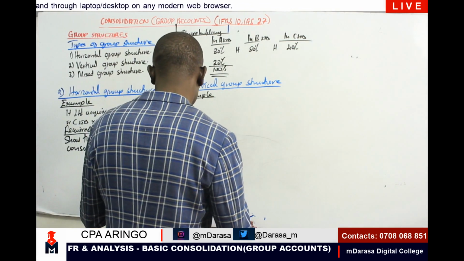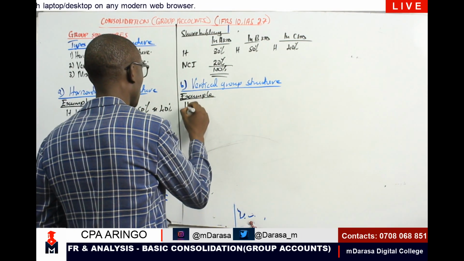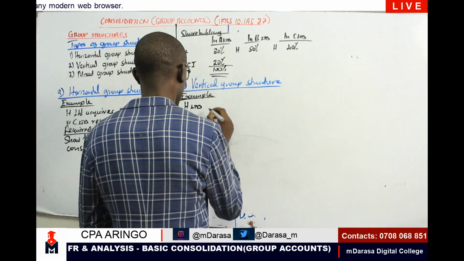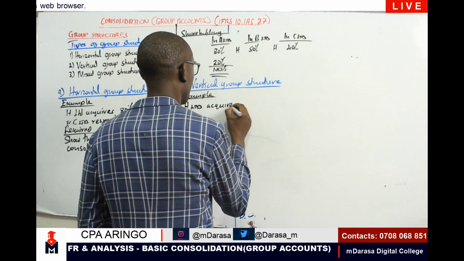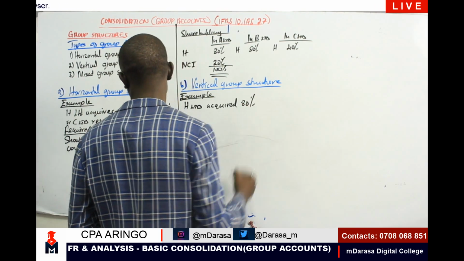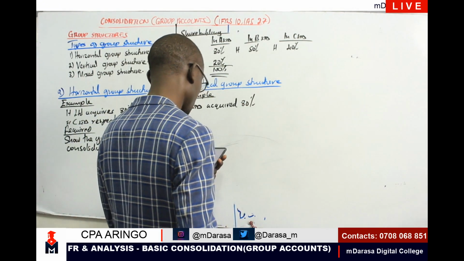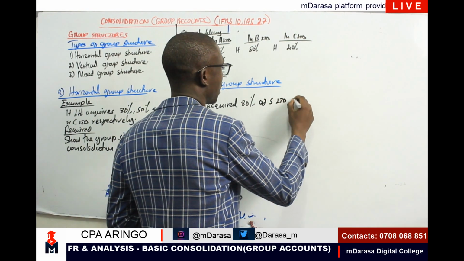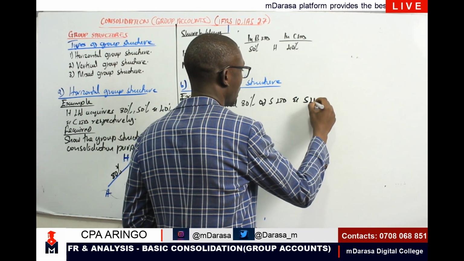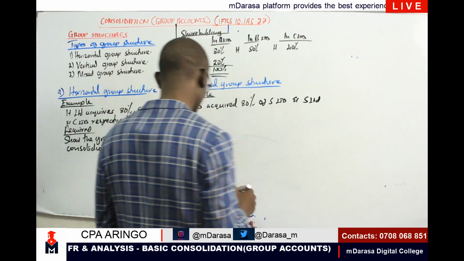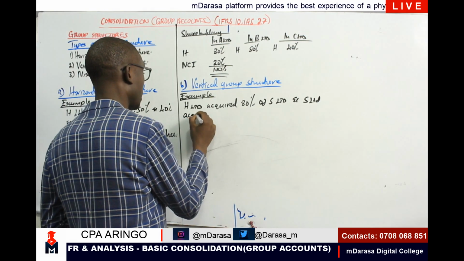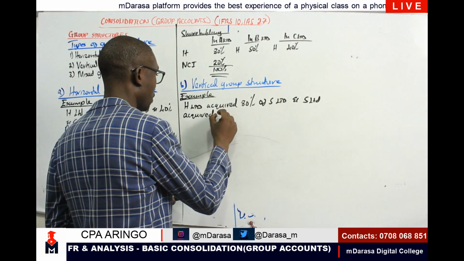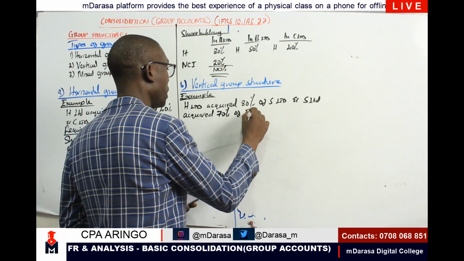We are told, take the same case, that H Limited acquired 80% of S Limited, and S Limited acquired 70% of B Limited.